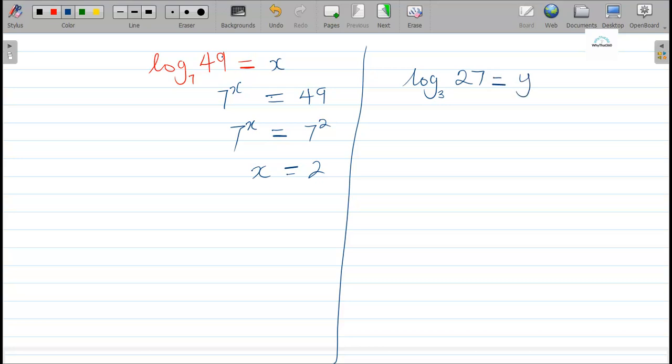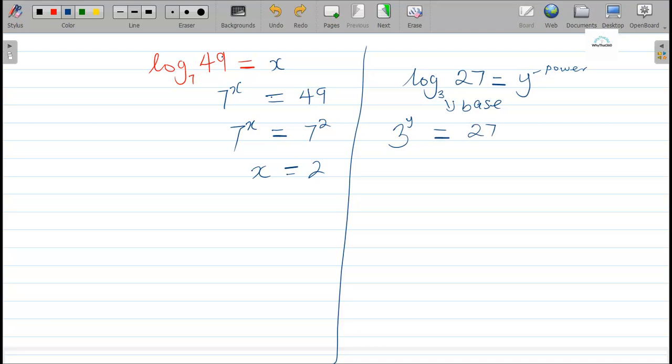Then y is the power or the exponent, and 3 is the base, the log to the base 3 of 27. From indices, the base raised to the power, the index, is equal to 27.